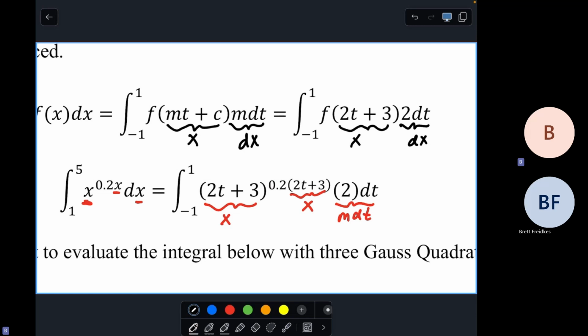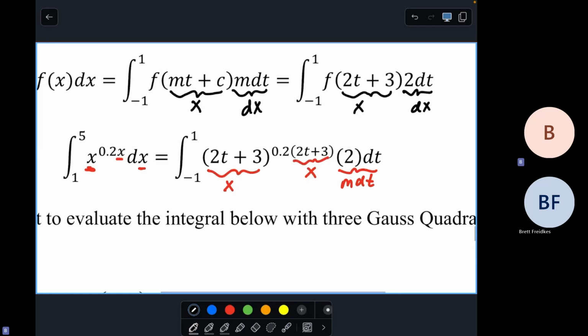No, it depends on the bounds. In this example, it happened to be 2 because I'm going from 1 to 5. I'm cutting a width of 4 to a width of 2. That factor is 2. But if I have a width of 20, m ends up being 10 because I need to cut it in by 10 to make it 2. Do we see this? This okay?